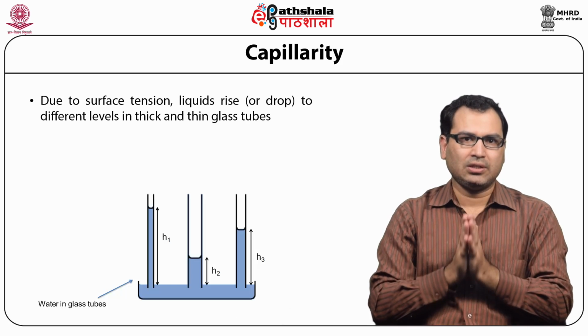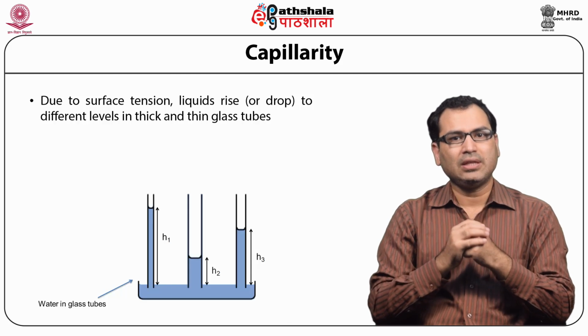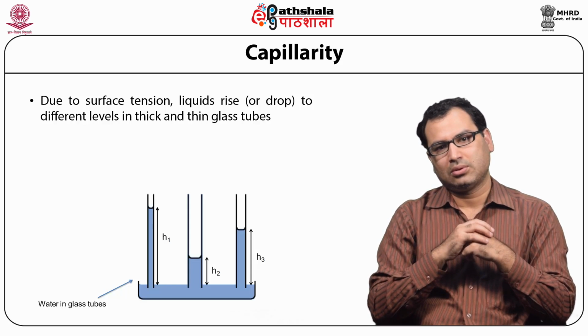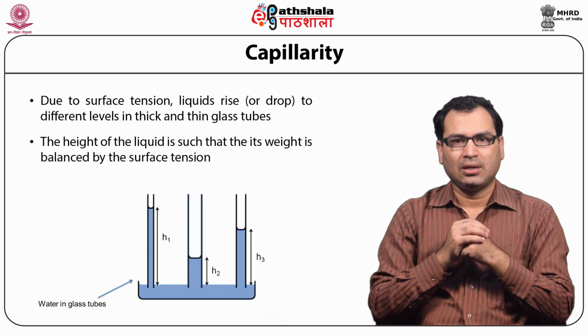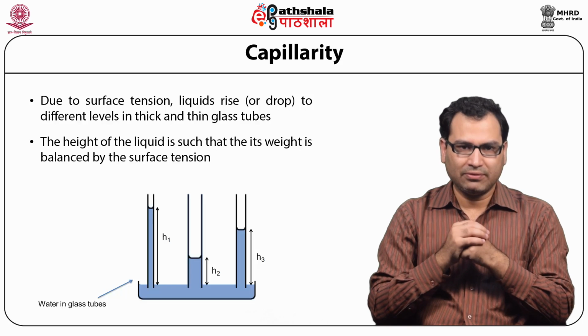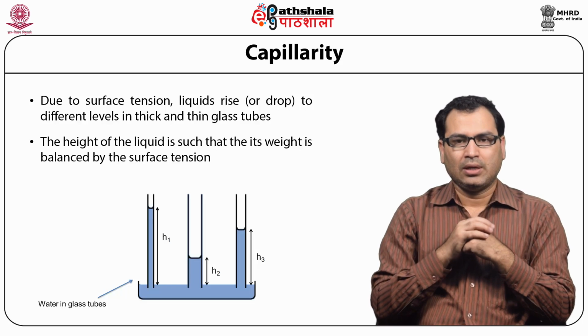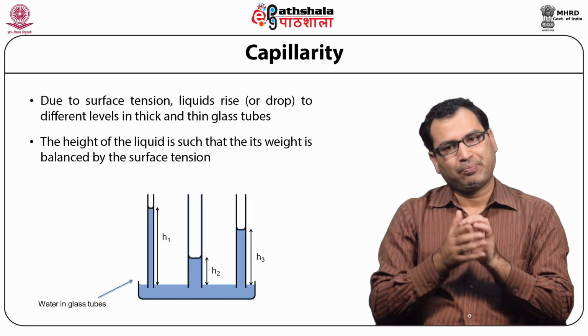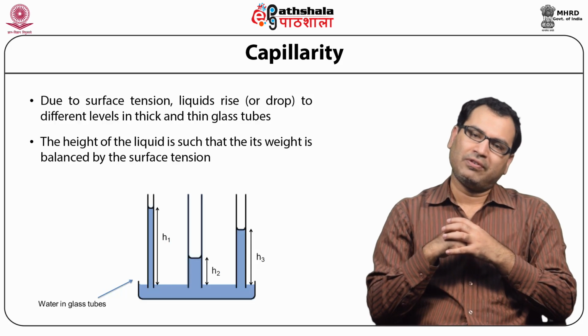Due to surface tension, liquids rise or drop to different levels in thick and thin glass tubes. And the height of the liquid is such that its weight is balanced by the surface tension. In the picture here, we have three glass tubes of different diameters.